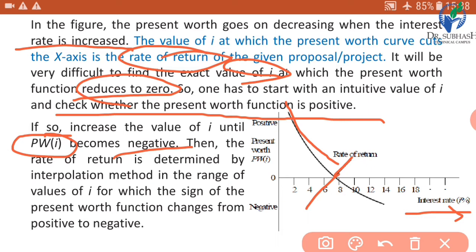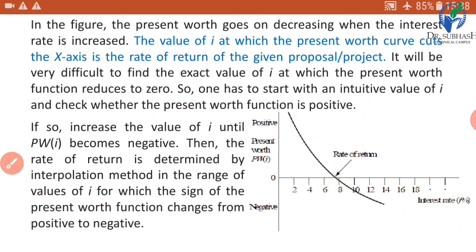Then the rate of return is determined by the interpolation method in the range of values of i for which the sign of the present worth function changes from positive to negative. So in this figure we can see above the x-axis the present worth is positive, and after the rate of return the present worth goes into negative.